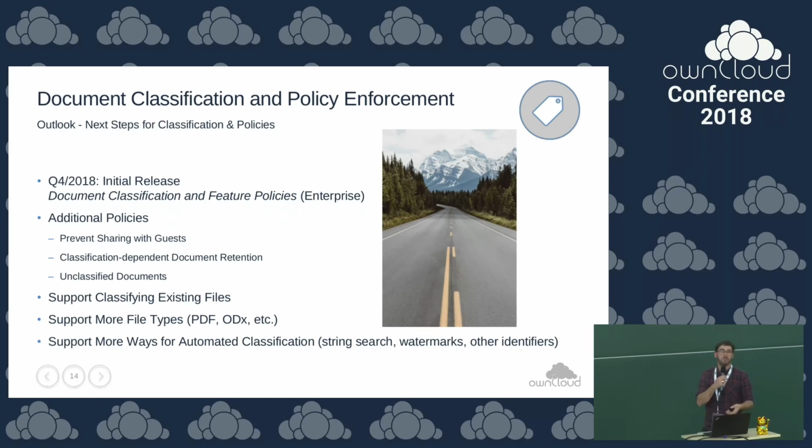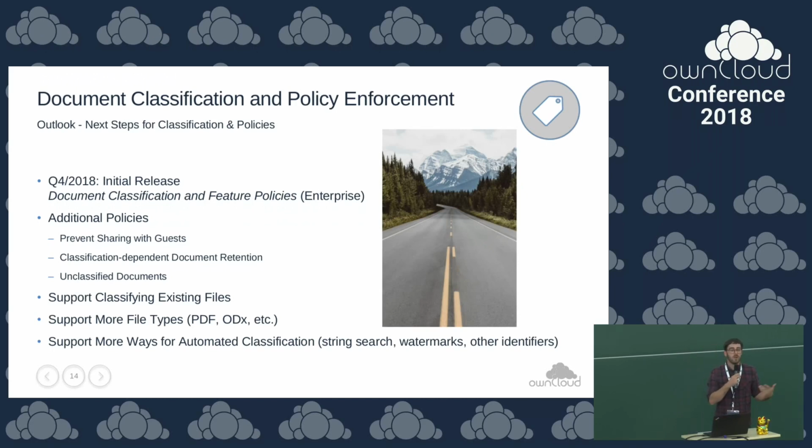And also you might want to have policies for documents that are not classified, to really require users to add a classification level. Also, currently files are classified on upload. So if you have a lot of data already in ownCloud, you might want to classify that data which already resides in ownCloud.